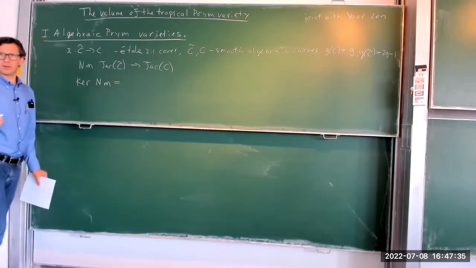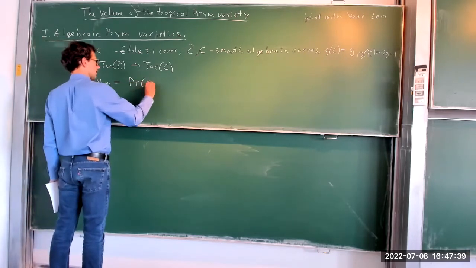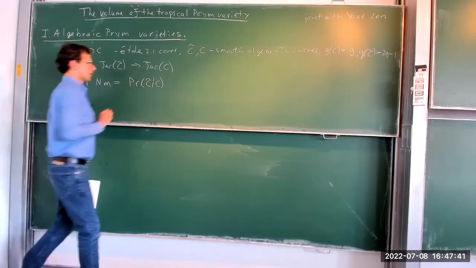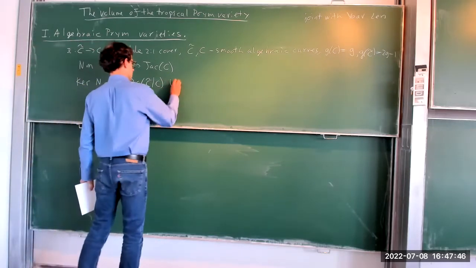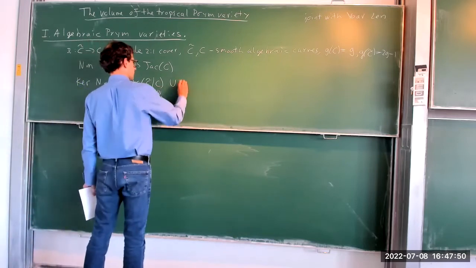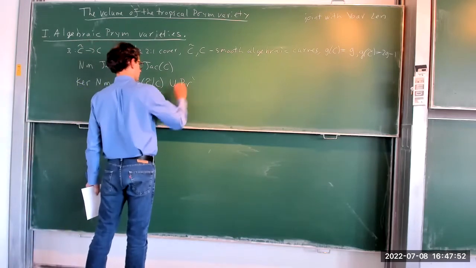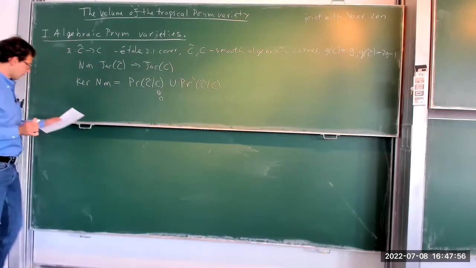has two connected components. The connected component of the identity is what's called the Prym variety of this double cover. This is the connected component that contains 0. And there's also another one, which I'll denote Prym prime, C tilde over C. Okay.